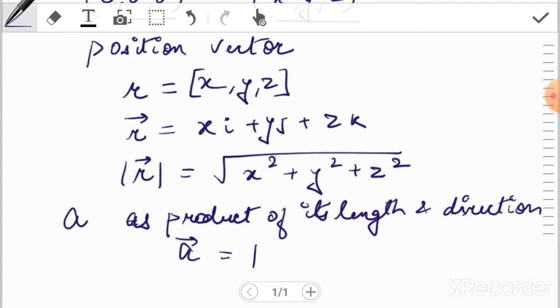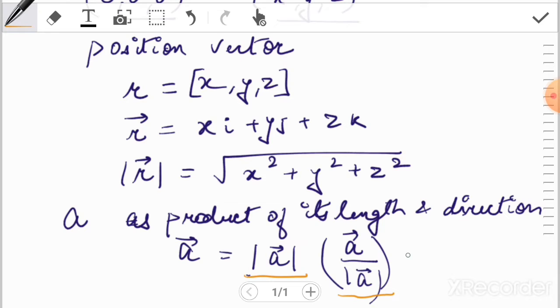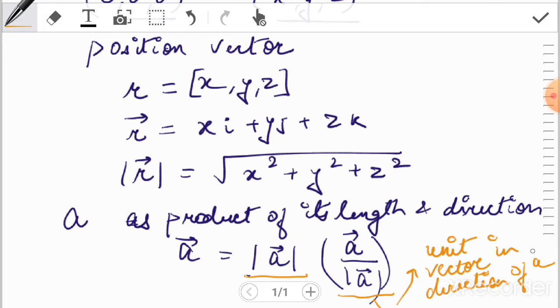It can be represented as magnitude of A vector times A vector by again magnitude of A vector, where this is the length of the vector and this is the unit vector in the direction of A. Okay, so this is the unit vector in the direction of A.